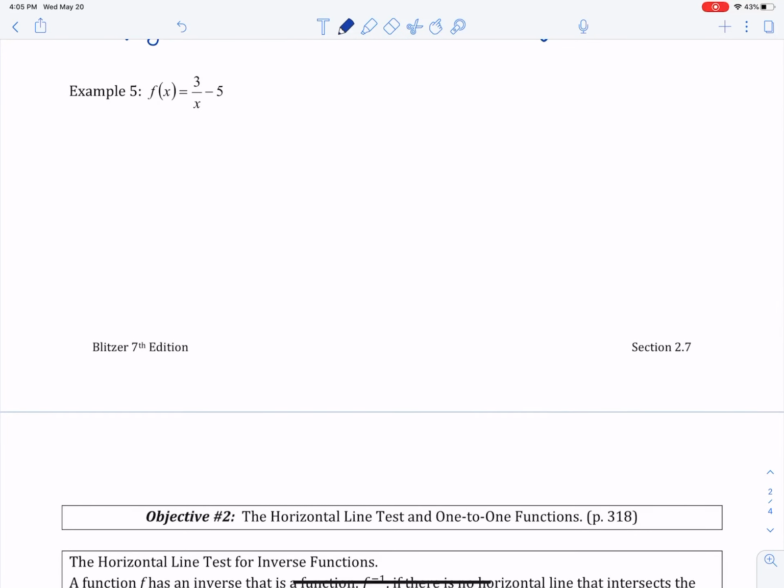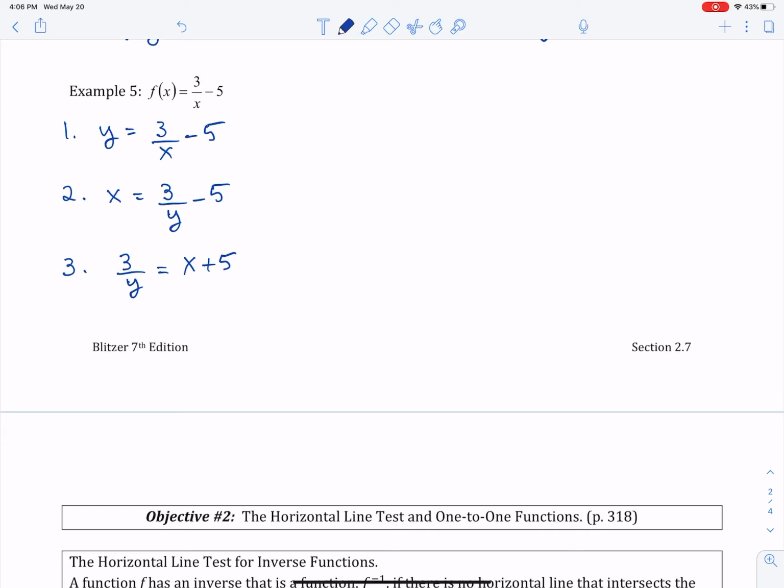Example 5. Again, step 1, replace f of x with y. Step 2, exchange y and x. Step 3, solve for y. I'm going to add 5 to the other side.